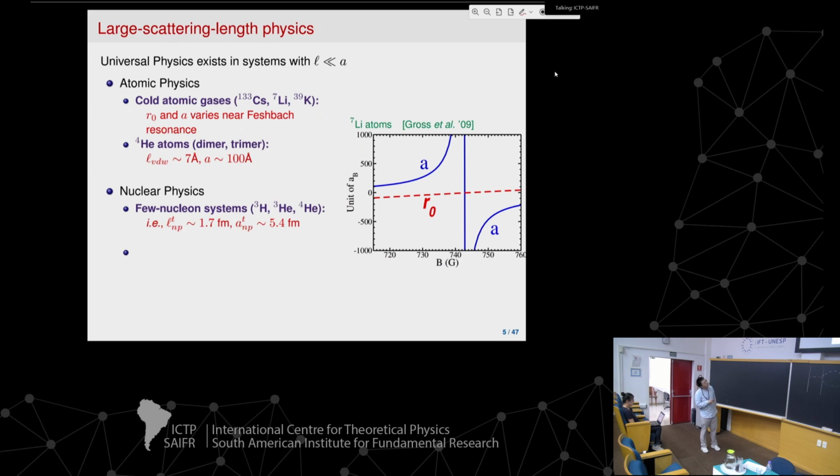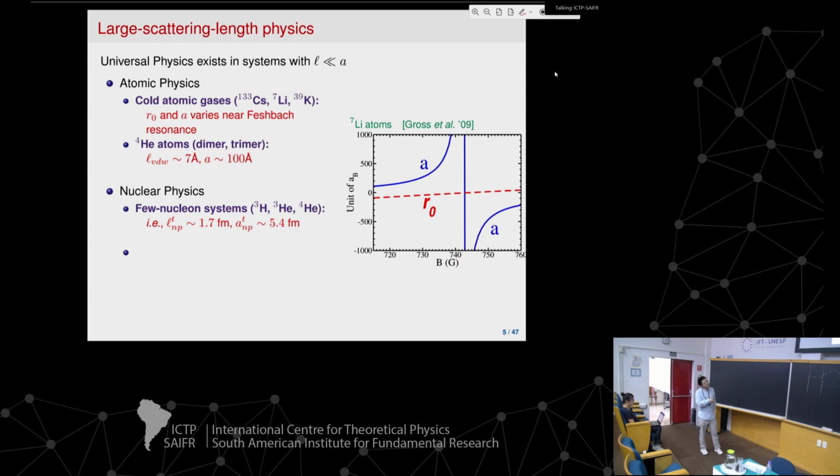For those systems, you first trap the atoms in a magnetic trap or an optical trap. Then you apply an external magnetic field, and you can generate so-called Feshbach resonances. The two atoms will have a really large scattering length at a certain external magnetic field, but the range of the interaction, or the effective range, will stay at small numbers.